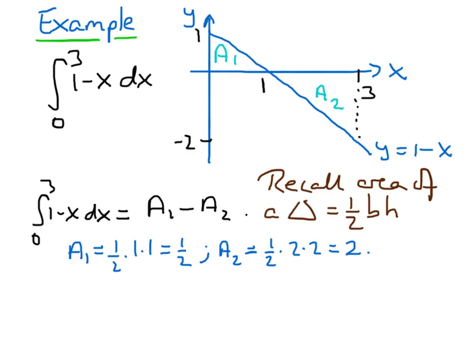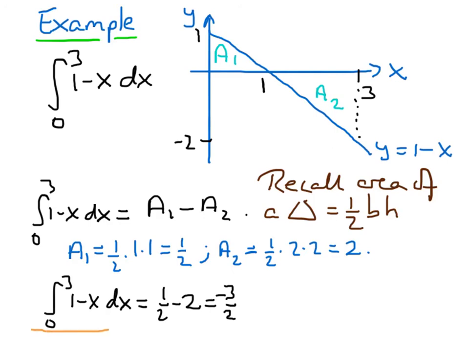So we've calculated A1 and A2, and from this we can read off our final result, and what we conclude is that the integral from 0 to 3 of 1 minus x with respect to x is A1, which is a half, minus 2, which is A2, and that is minus 1.5, or put perhaps slightly more nicely, minus 3 halves.